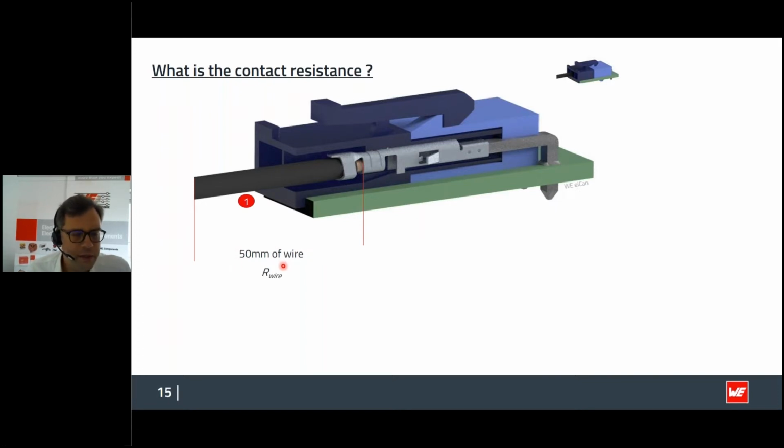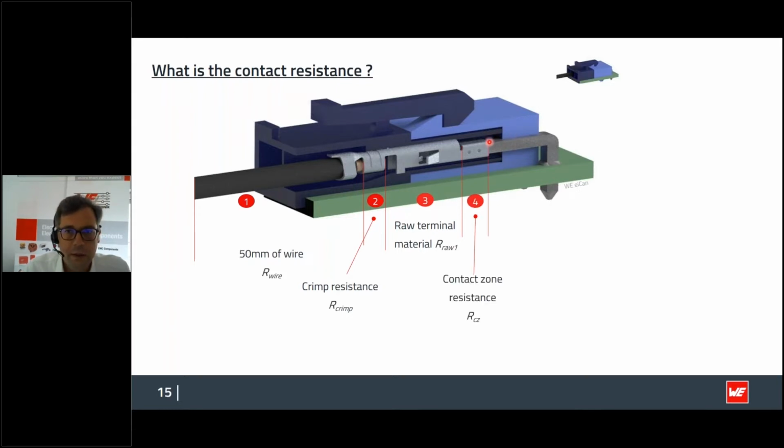In this example, it's a 50 millimeter wire applied to the connector. Afterwards, we have the crimp resistance, or the crimp contact itself. Afterwards, the raw material. You've got 2 of them: first the crimp contact, and on the other side, shown later, the pin connector inside the housing.